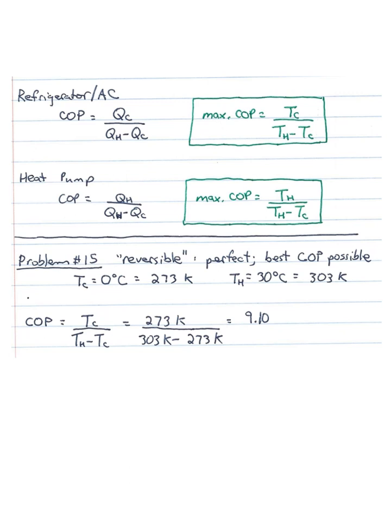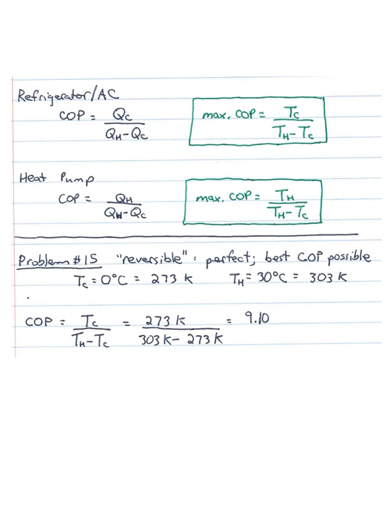Now, just as when thinking about an engine, we had an ideal engine or a Carnot engine, we can also think of an ideal refrigerator or an ideal heat pump. And it's the same concept as with a Carnot engine. Mathematically, we can do the same little trick, switching out the Q's and T's.